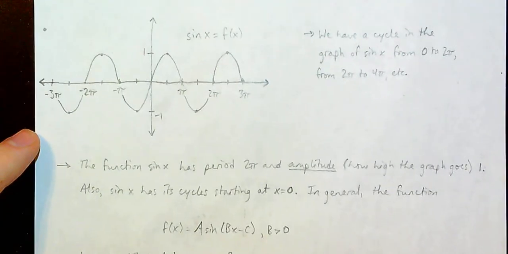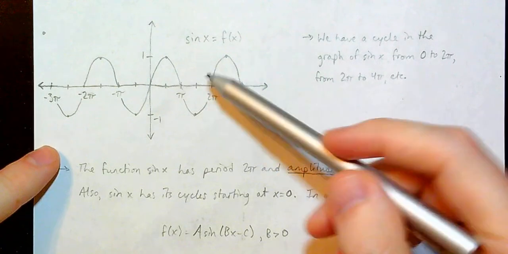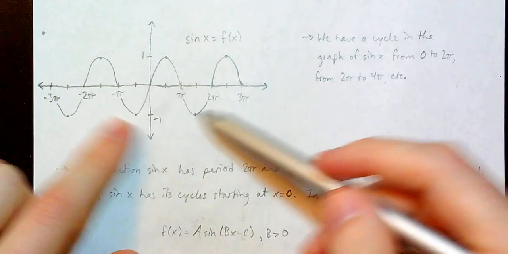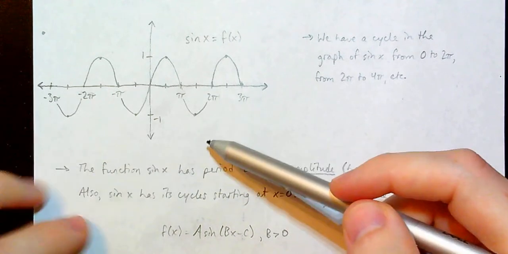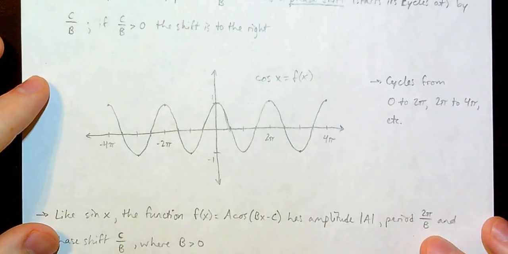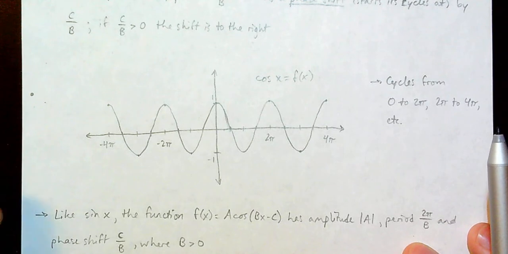Also, note that if I just took the sine function and shifted it over to the left by just a little bit, I would get exactly the cosine function there. So with a little shift of the sine function, we can get the cosine function.